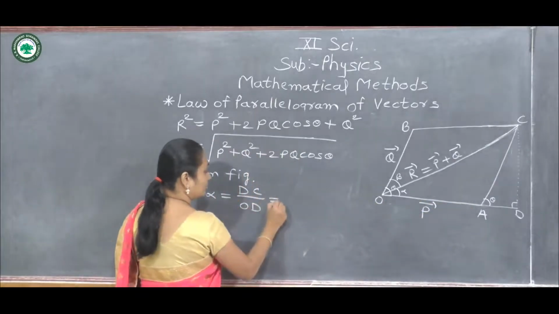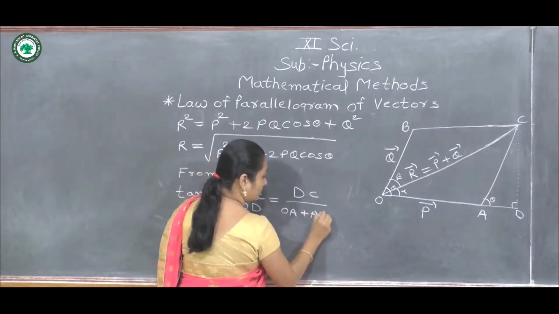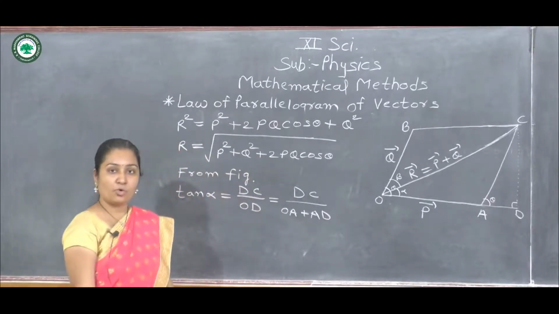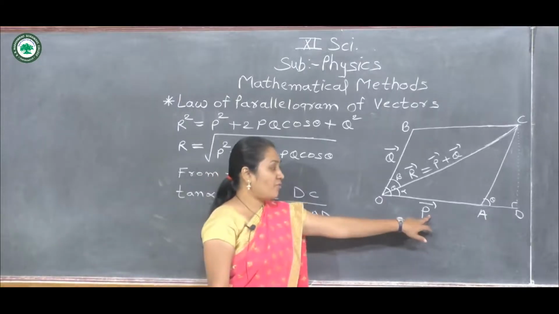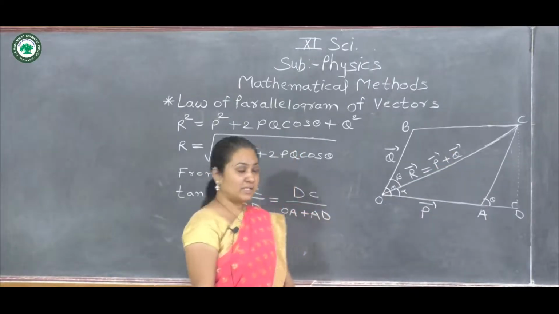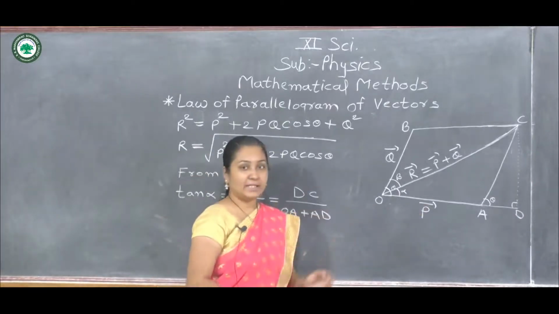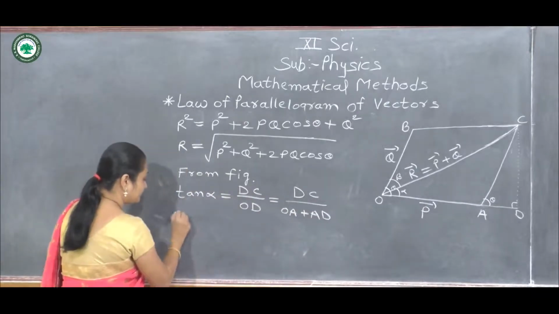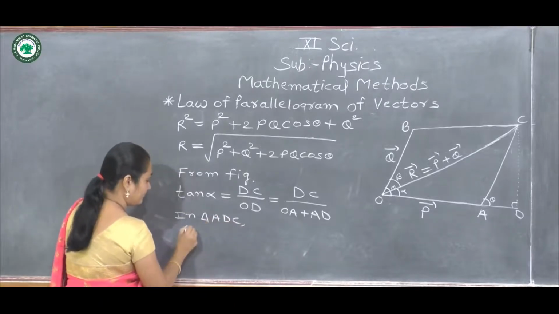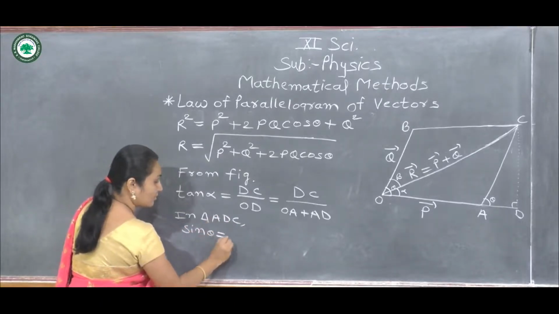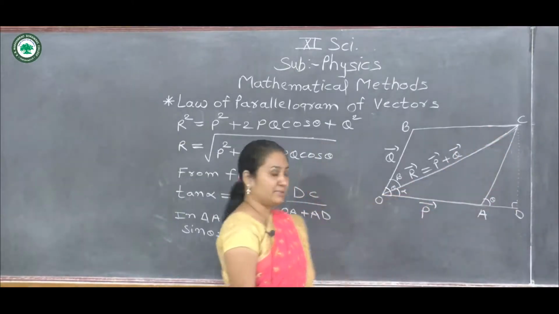So tan alpha is equal to DC upon OA plus AD. Now we have to find the values of OA, AD and DC. Here we can use the formula of sin theta. In triangle ADC, sin theta equal to DC upon AC.